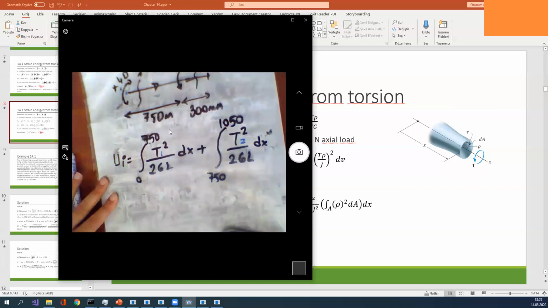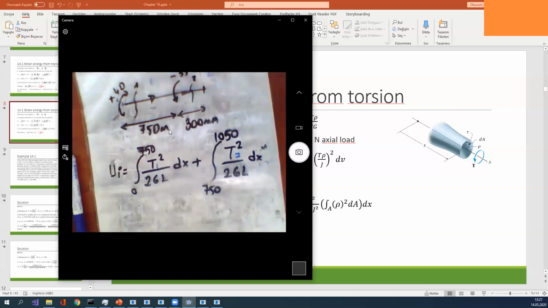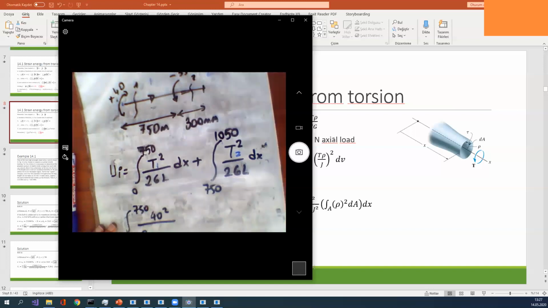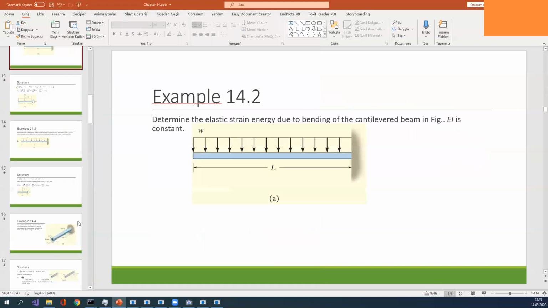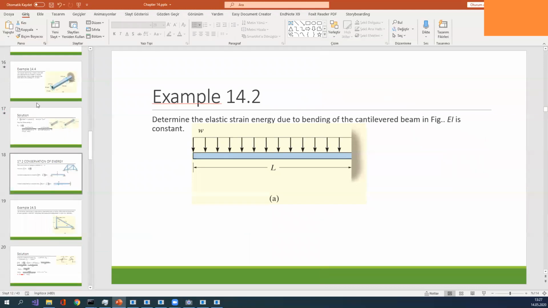So from 0 to 750, T1 squared divided by 2 times, what is the value of G?